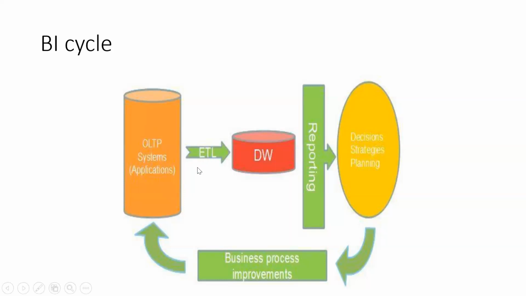We are transforming the data based on our requirement. What is the requirement? Maybe the data type should not be this way, maybe we need to calculate something more, or based on the source, we need to derive some more columns. So that's the transform. E means extract, T means transform, and load means loading the data here into the data warehouse.